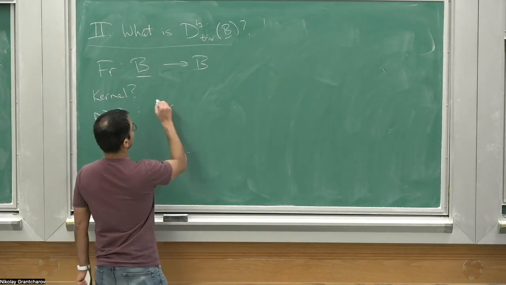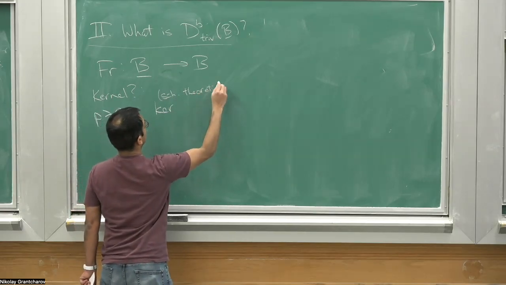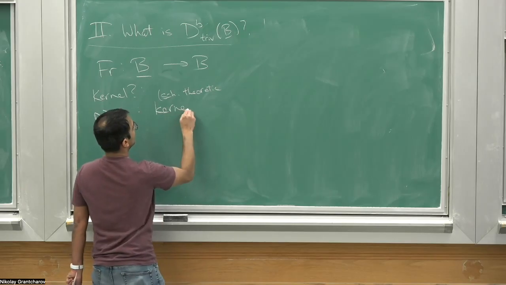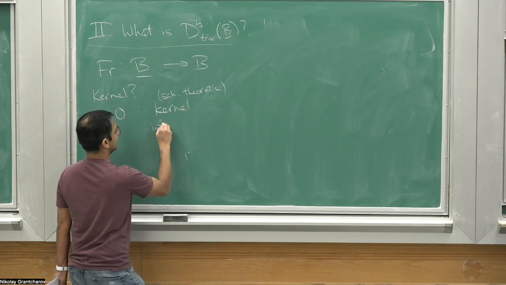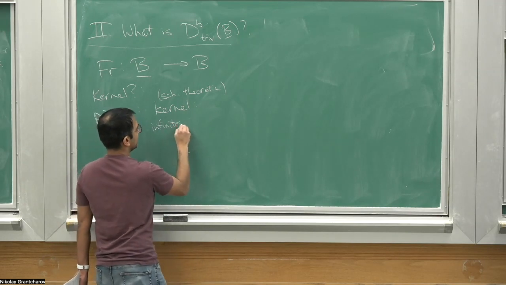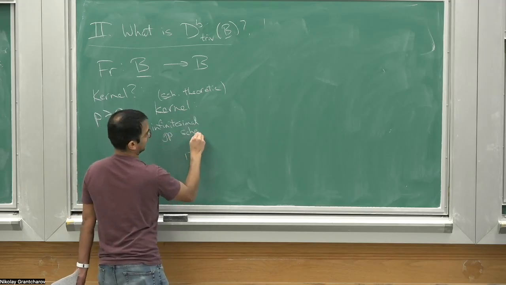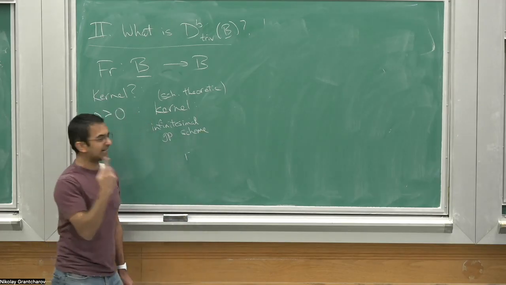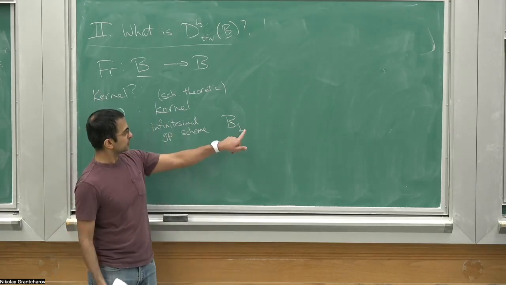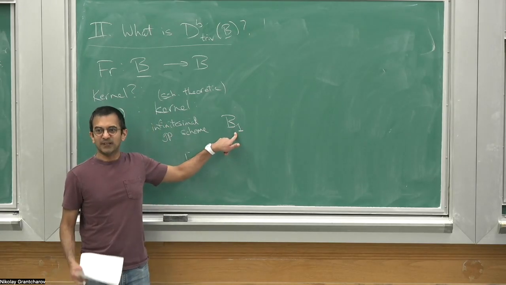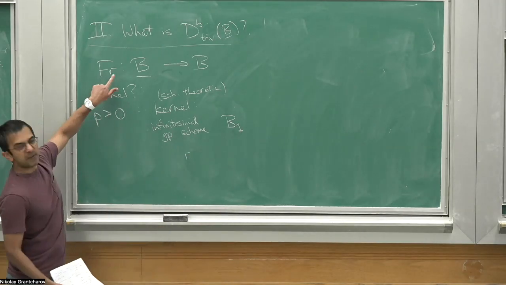The scheme-theoretic kernel is an infinitesimal group scheme. This means it's a group scheme whose coordinate ring has lots of nilpotents. In fact, it has only one closed point, and the usual notation for it in algebraic group world is B subscript 1, where the 1 stands for first Frobenius kernel. If you change that to a bigger number, that means you're taking the kernel of a power of this map.